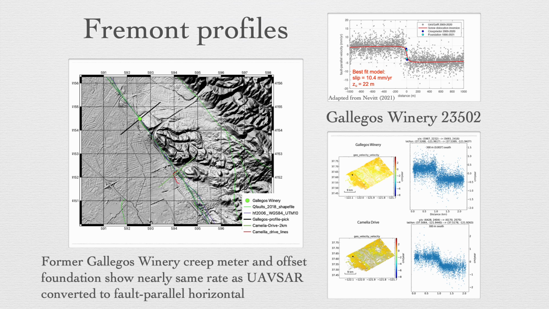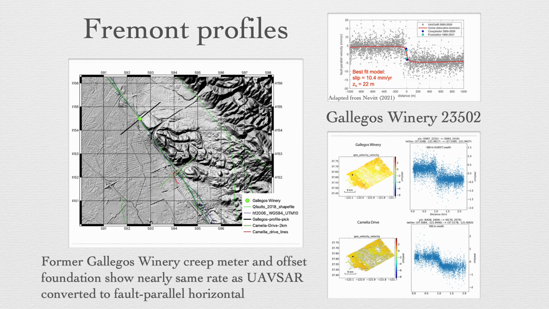The red line shows a screw dislocation fit to the UAVSAR data with a rate of 10 millimeters per year and a locking depth of 22 meters. So this is showing that the slip at this location is occurring very close to the surface, and the UAVSAR and surface measurements match very closely.